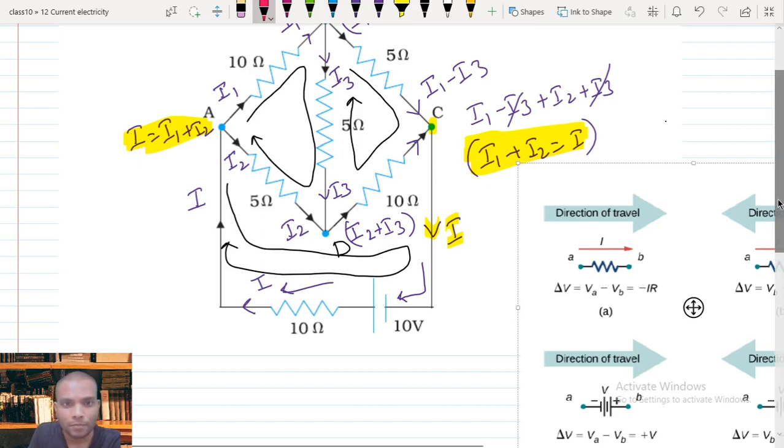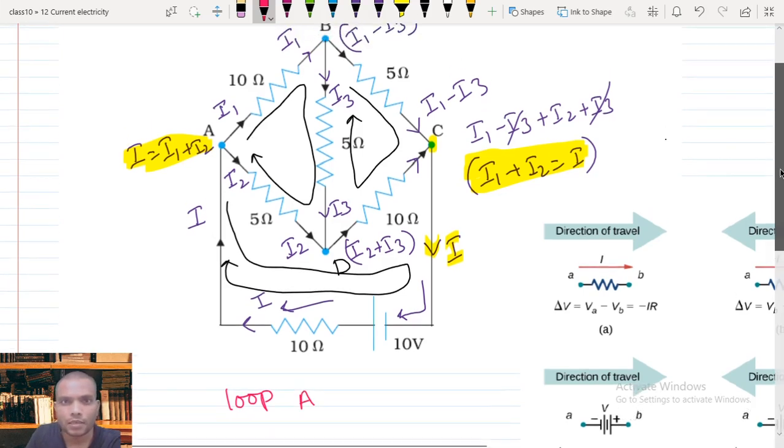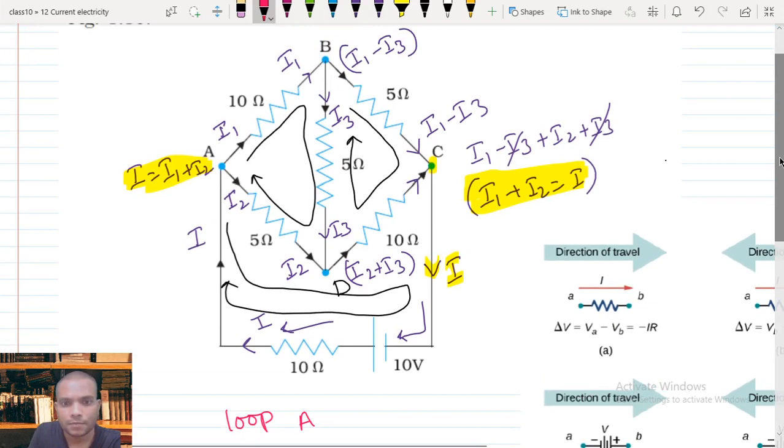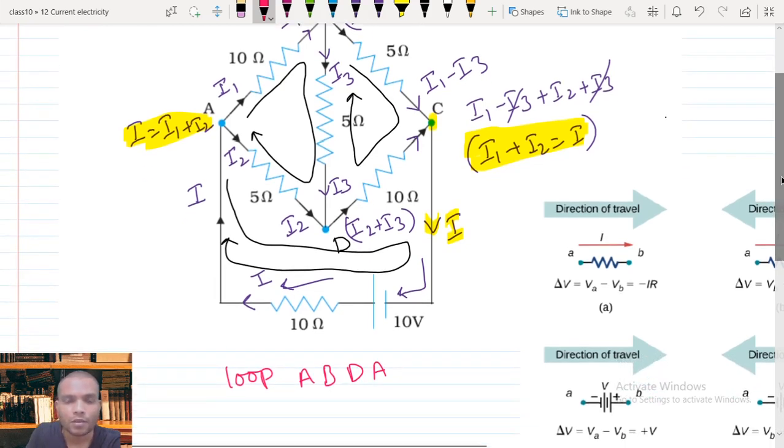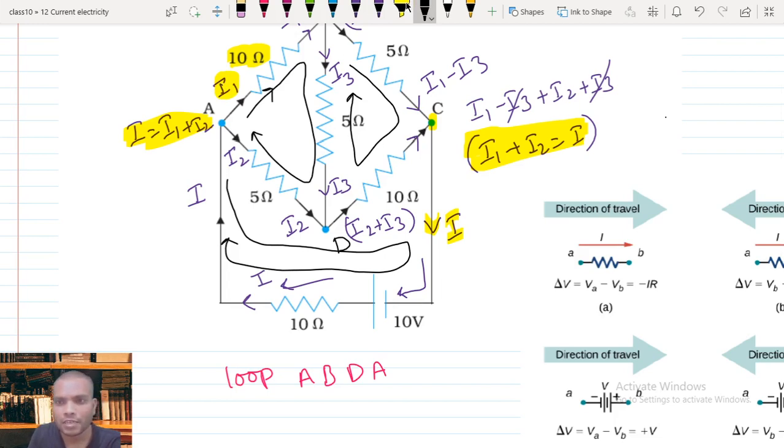Take the loop A, B, D, A. If I start from the 4 ohm resistance, the current is flowing, and the current direction and my travel direction are the same. If they are both the same, I should take that as negative. So that is minus 10 I1.